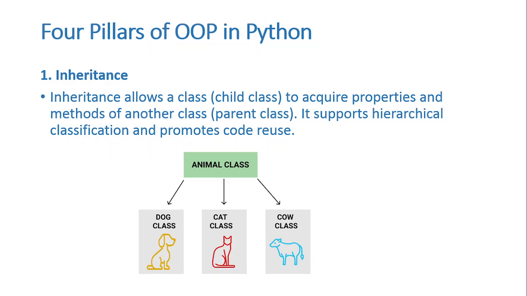If you are creating a particular class for the dog object, a subclass or child class called the dog class, it will have only the attributes and methods that are related to the animal called dog.